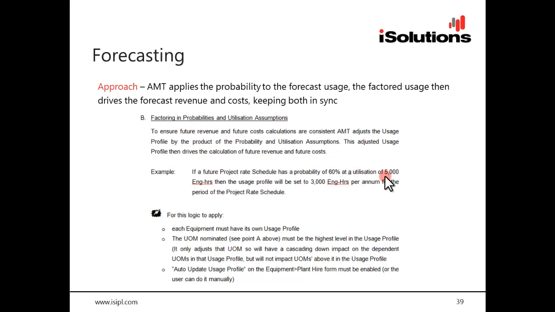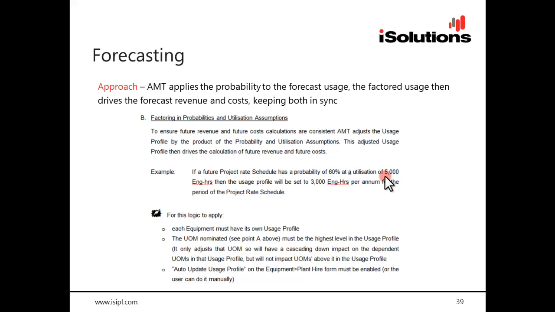So the important thing though is when people change the probability of 60% to 80%, it's having quite a big impact on AMT, on the future forecasting, because it is dynamically going back and reforecasting or resetting the expected utilization for that equipment, and subsequently reforecasting all of your costs based on that. So it's reforecasting all of your maintenance schedules based on that.